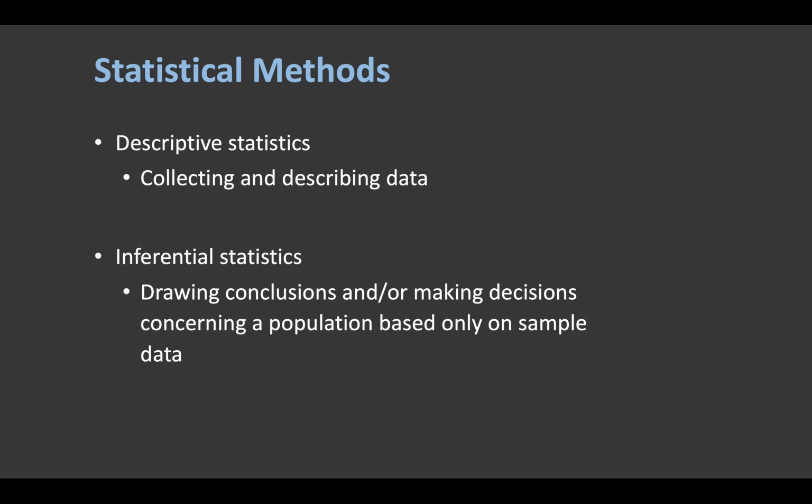Then there's inferential statistics, which you use to draw conclusions and make decisions concerning a population based only on sample data. Here, obviously, we're taking one step forward, trying to draw conclusions or even make decisions for a population based only on sample data.